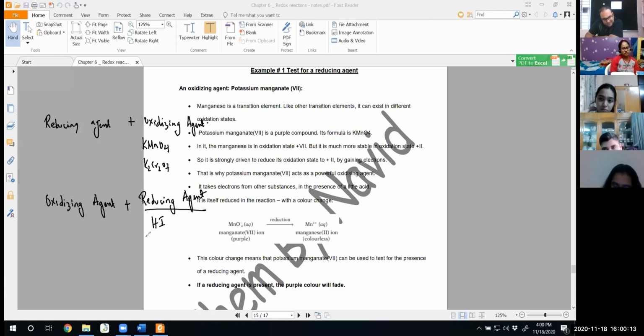Sodium borohydride, NaBH4, and LiAlH4. So since they're acting as reducing agents, in the process what happens to them? They're oxidized. That's right.